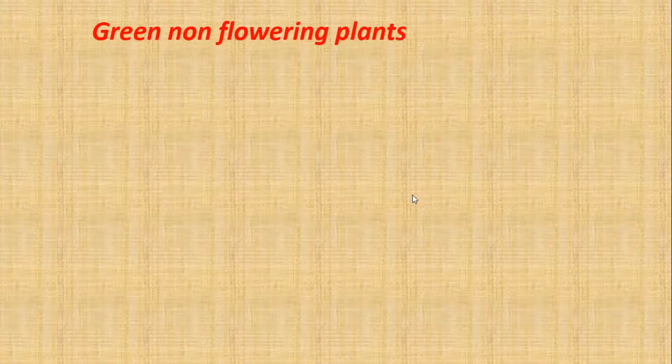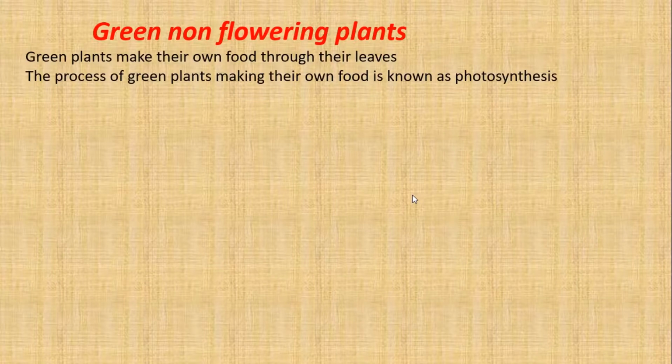I wish we discuss the green non-flowering plants. Plants that are green, but they do not produce flowers. Green plants are known to make their own food through the leaves. They do not have a kitchen, they don't cook, but through their leaves, they are able to make their own food, and that's why they grow in size.